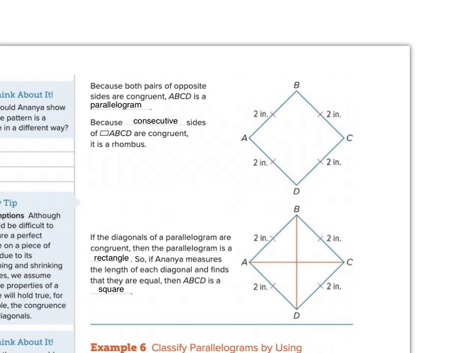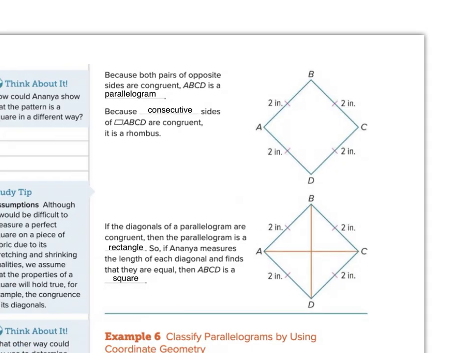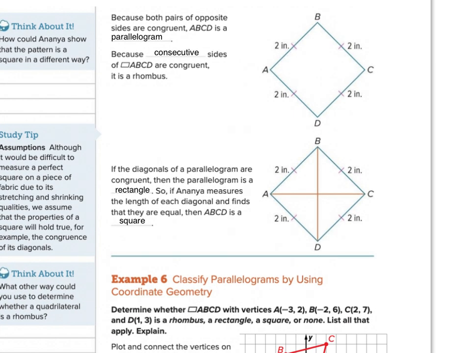But we could also say both pairs of opposite sides are congruent. Yes, it's a parallelogram. Because consecutive sides are congruent, it's a rhombus. And then if the diagonals of the parallelogram are congruent, then the parallelogram is a rectangle.